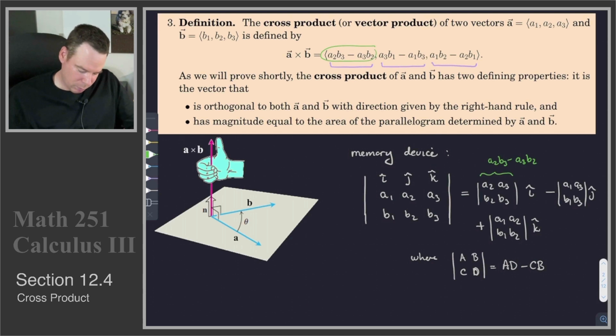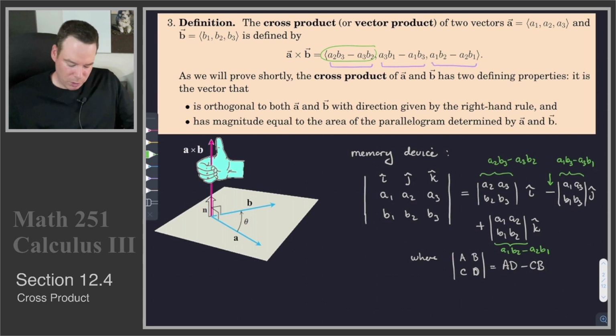And then for the next component, we've got minus, and then the 2 by 2 determinant here, which is a1 b3 minus a3 b1. And then lastly here, this is a1 b2 minus a2 b1.